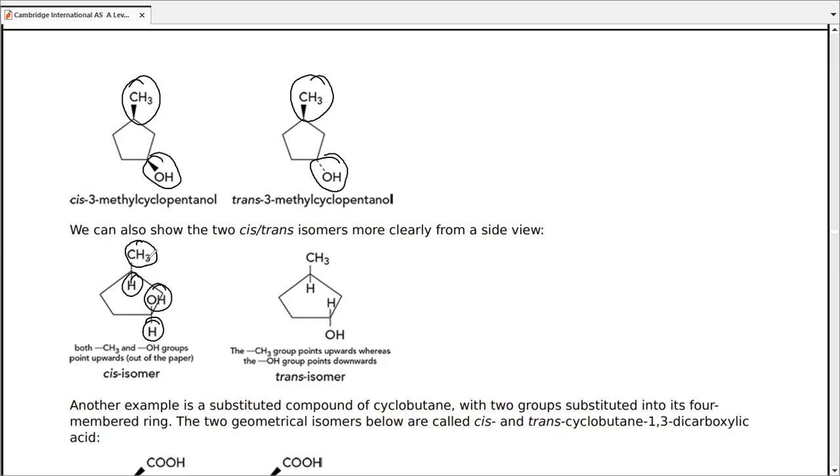So take a look at it. One of them is pointed outwards, one of them is pointed inwards. What we do usually is show them pointing out of the paper as upwards and into the paper as downwards. This is another way to show it.